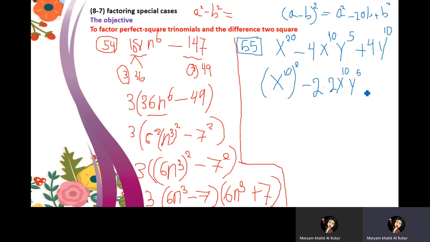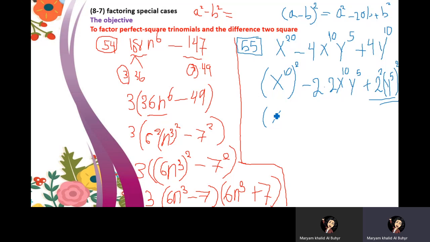Here I can rewrite this one also. I can say 2 to the power 2, y to the power 5, all this y to the power 2. Then I will rewrite this part again, and I will reorder this one. I need the x alone.